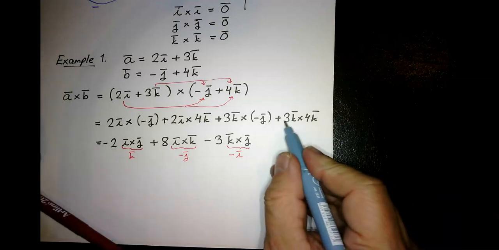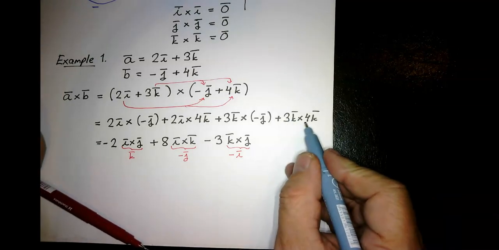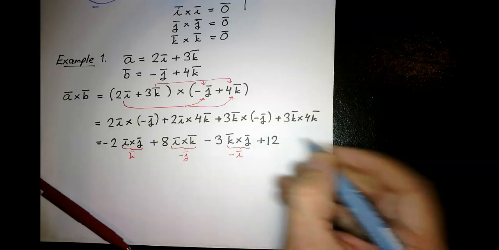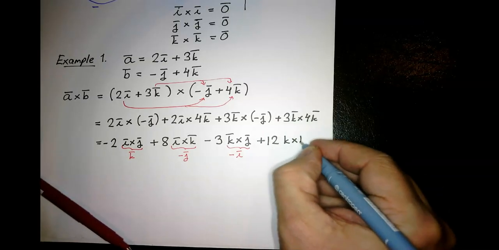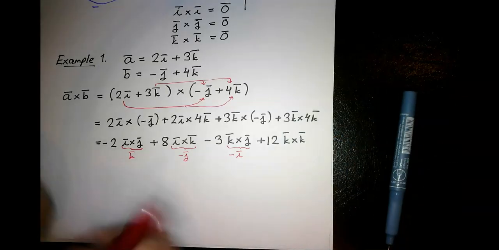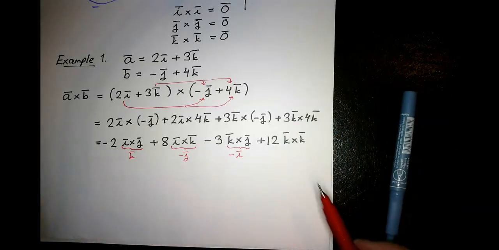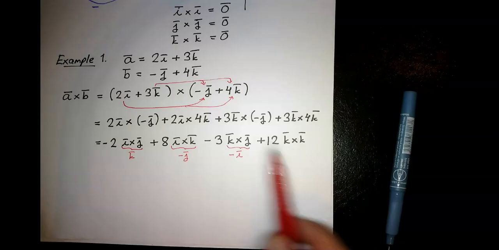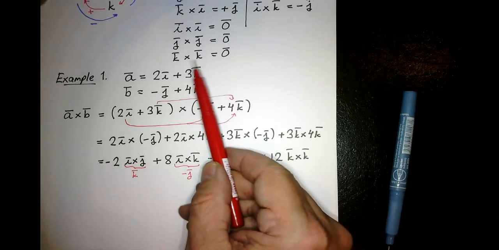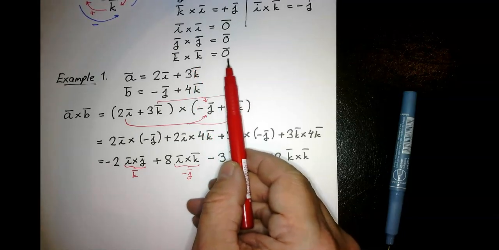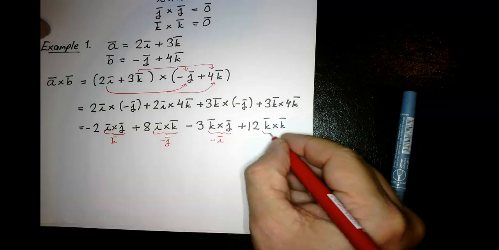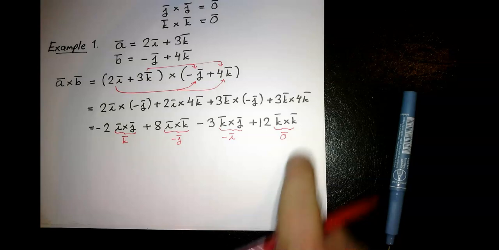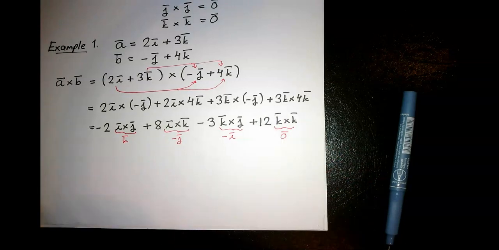And the last one there, 3 times 4, 12, and k cross k. Well, here we have a case where k is multiplied with k, so as we saw from memory rule, this will be 0 vector, so this will be cancelled out from the calculation.